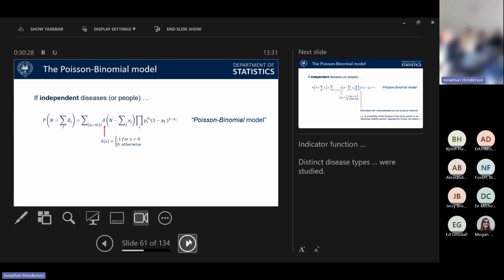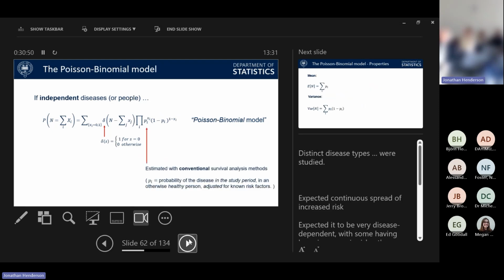It's quite recently been explored, but it basically involves a product of Bernoulli distributions and an indicator function that ensures that the total number is equal to the total number of diseases that occur. These probabilities, you would just estimate with conventional survival analysis methods. So it would be the probability of a disease in the study period in someone that's otherwise healthy, with adjustments for whatever risk factors they may have.